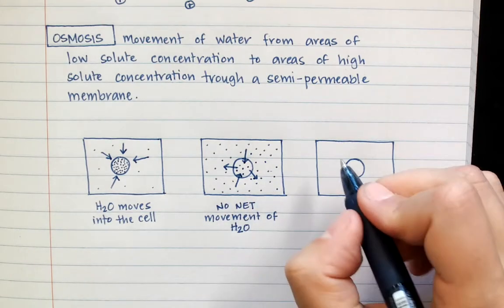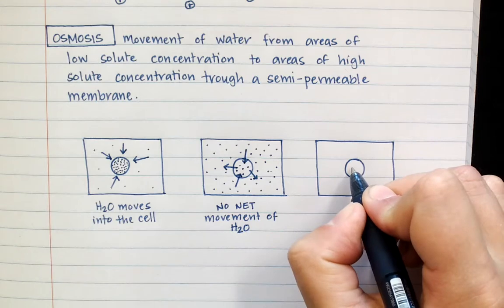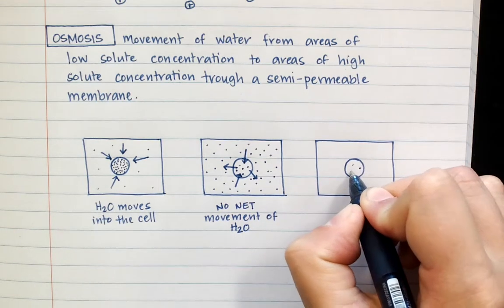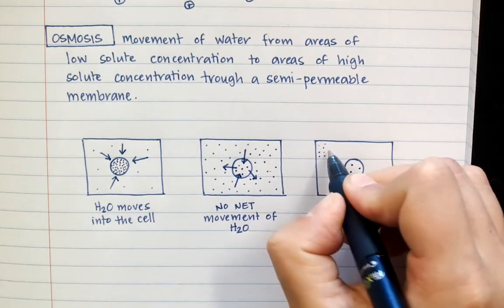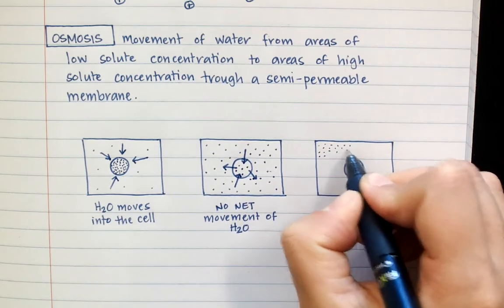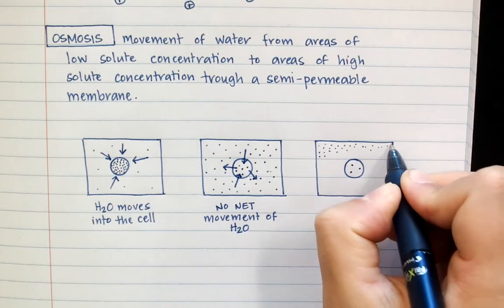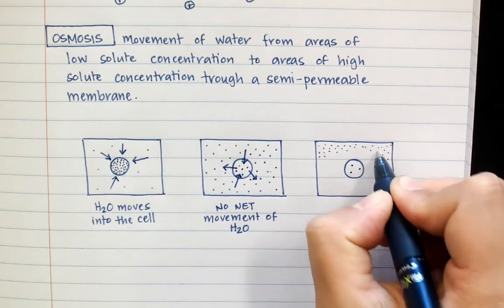All right, last example, we're going to have a low concentration inside of the cell and a high concentration outside of the cell. So this is the reverse of the first picture.